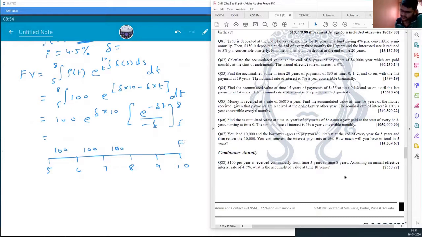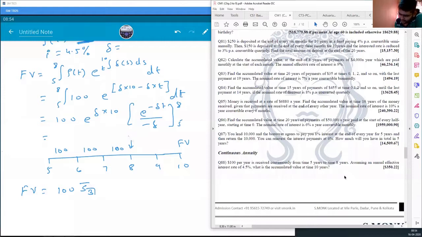So I can say future value must be equal to 100 S bar 3. So this calculates for 3 years. But the thing is, this will give me the future value at time 8. This is where I am going to get my future value.